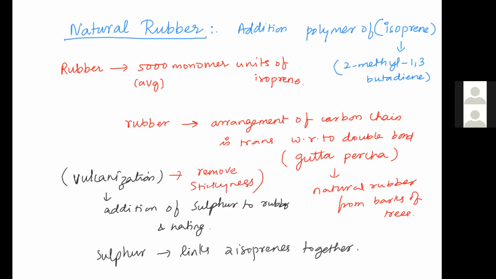Vulcanized rubber is stronger when you compare it with the natural rubber. This is natural.